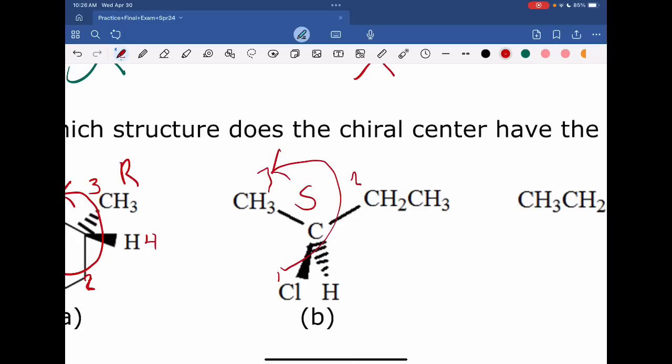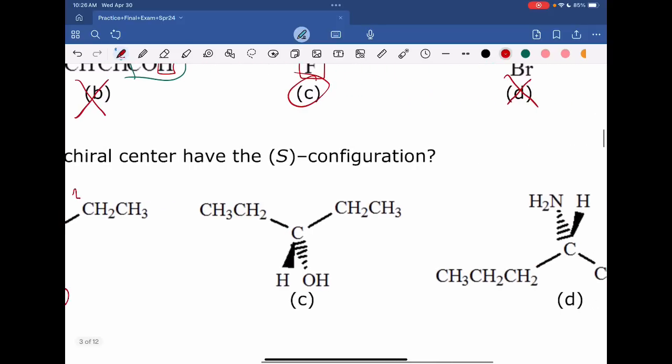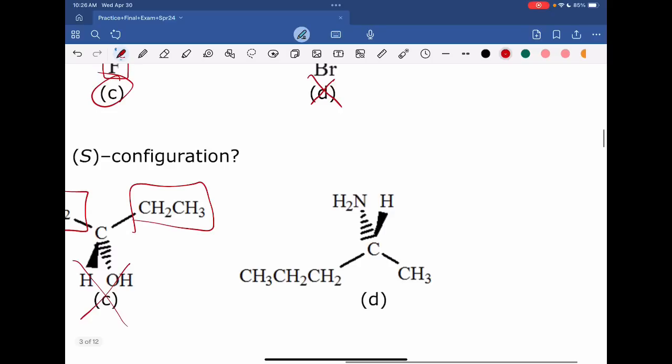This is S, so I think it's B, but let's do these ones. This one's not even chiral. It's got 2 things that are the same, so C doesn't make sense. And D is 1, 2, 3. The H is on a wedge, so it's going to be R, so it's not D.